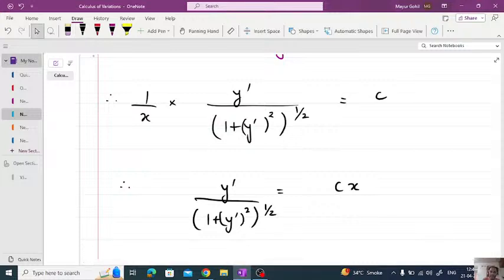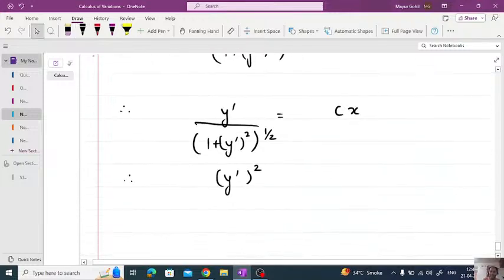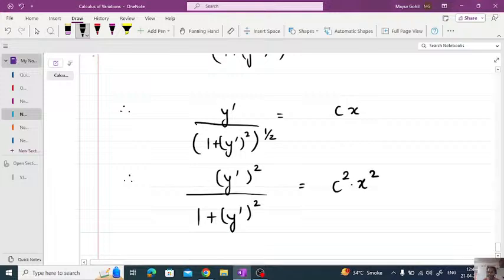I don't want that power half, so I will square on both the sides. So what do I get? y dash square, the half will go away, and I will have y dash square equals c square x square. Getting that?